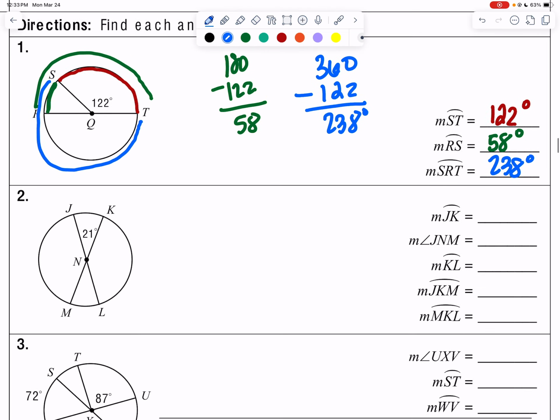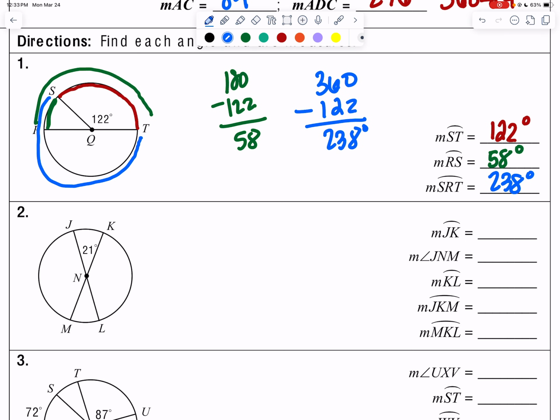For number 2, we want to find the measurement of the arc JK. Now, if we know that angle JNK is 21, then the measurement of the arc is also going to be 21 degrees. We want to find angle JNM.